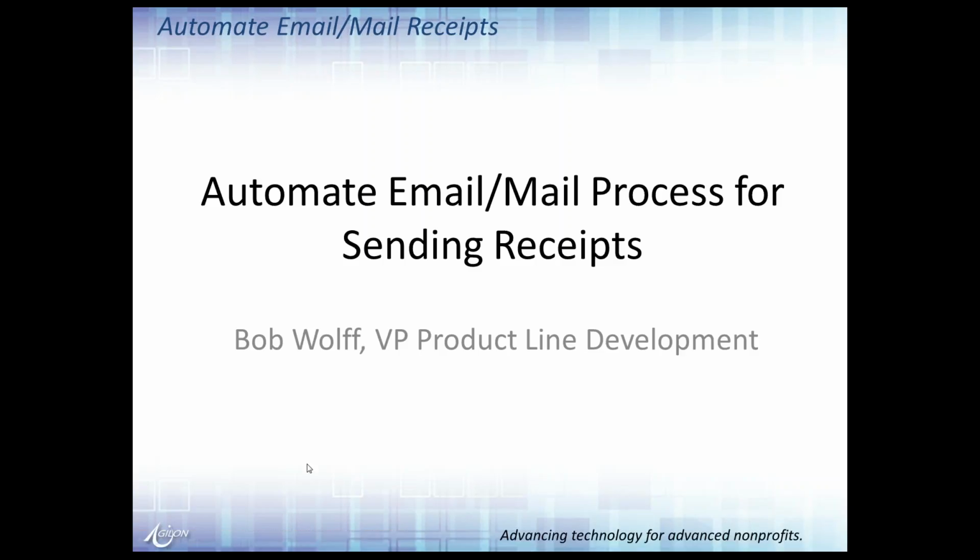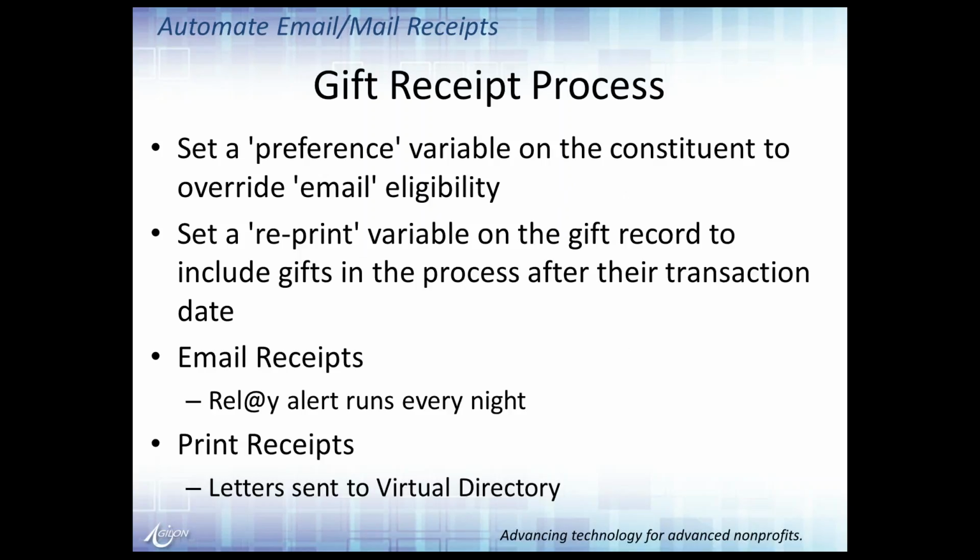So we've worked with a couple different clients to set these up. And the basic components for this are creating a preference or some type of a variable on the constituent's record to be able to override their eligibility for an email. So we did a couple different things when we're looking at eligibility.